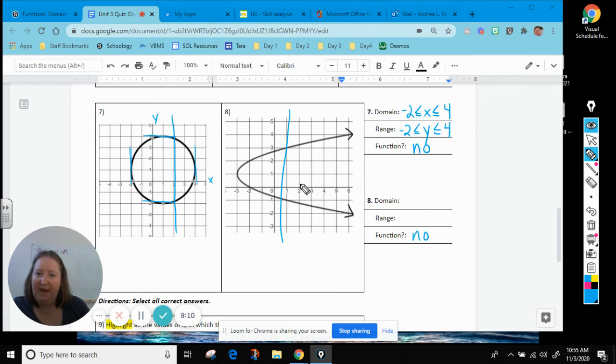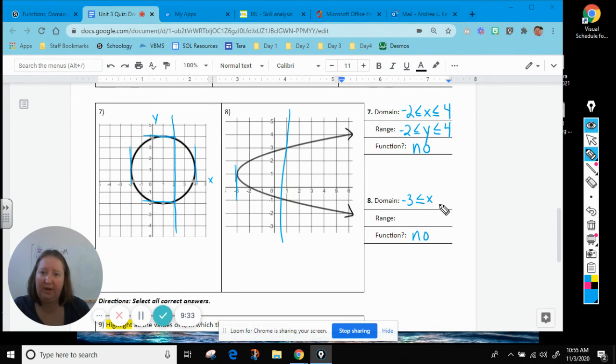All right, the domain. The domain is the X values. It doesn't go any farther past this point, -3, on the X axis. So we say -3 less than or equal to X, since we're talking about the X axis. There's no limit on this side. If there was, I would put that number here, but there's not one, so I just leave it off.